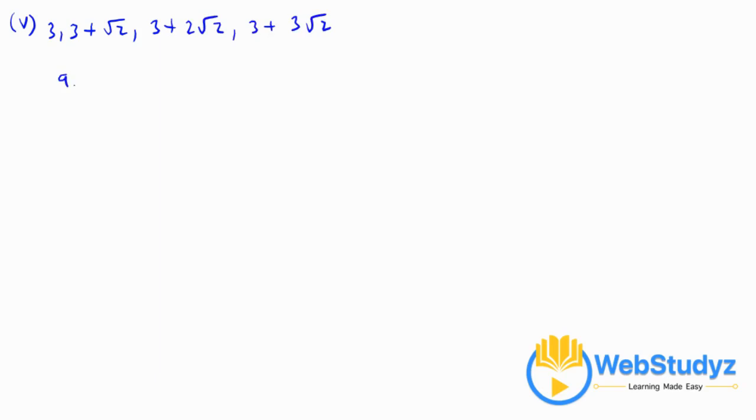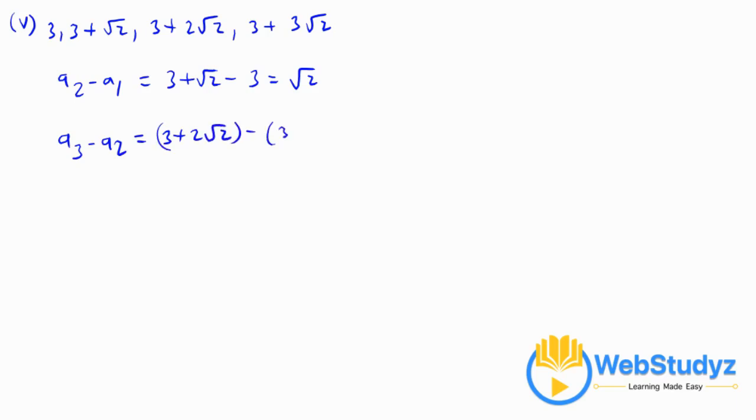So calculating the common difference, which is A2 minus A1, which is 3 plus root 2 minus 3, which comes out to be root 2. Now again checking the common difference, which is A3 minus A2, which is equal to 3 plus 2 root 2 minus 3 plus root 2. This gives us the value root 2. Again checking A4 minus A3, which is equal to 3 plus 3 root 2 minus 3 plus 2 root 2.